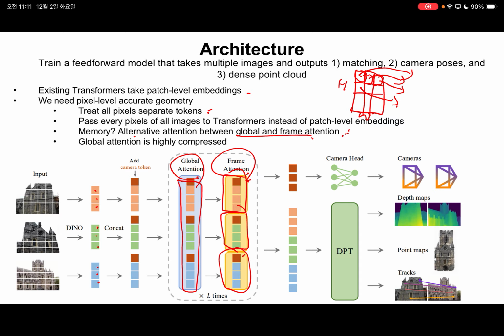And this paper does global and frame attention alternately. Global, frame, global, frame, global, frame. Global attention is highly compressed because it takes too many tokens. If we used some complicated global attention, it might cause a memory issue. So for global attention it uses a very compressed operation, while in frame attention it uses just a standard transformer.